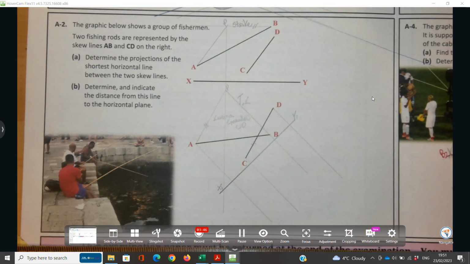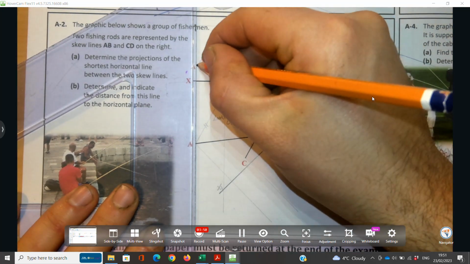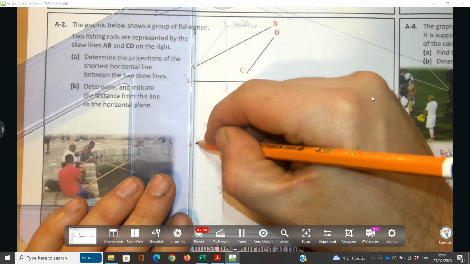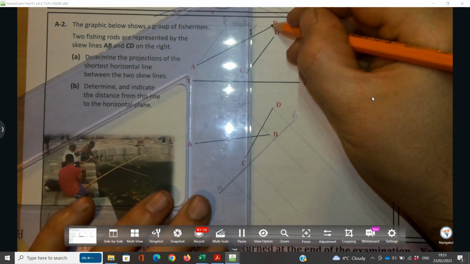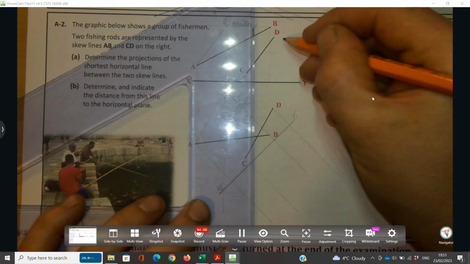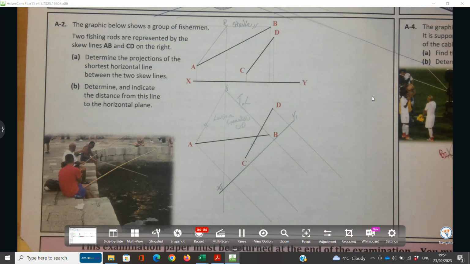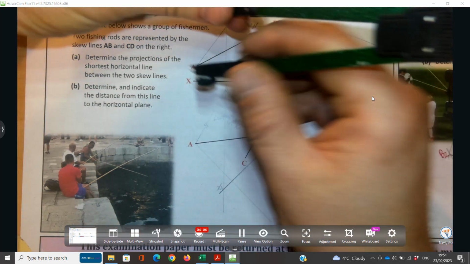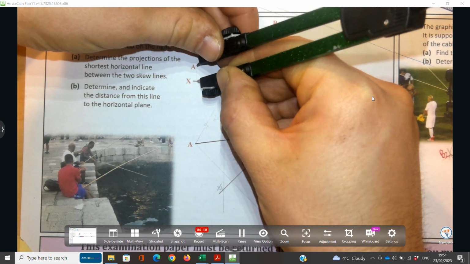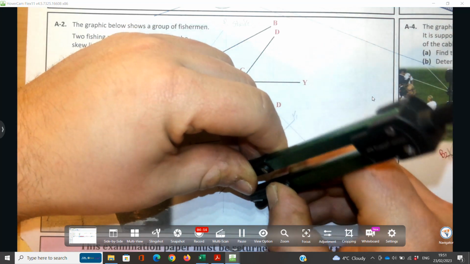Now I need to get my heights from elevation. So that's why I'm dropping the points down here in elevation down to the XY line. So I'm going to get my heights from elevation. I'm going to put my compass on the XY line, bring it up to A, and mark it down.